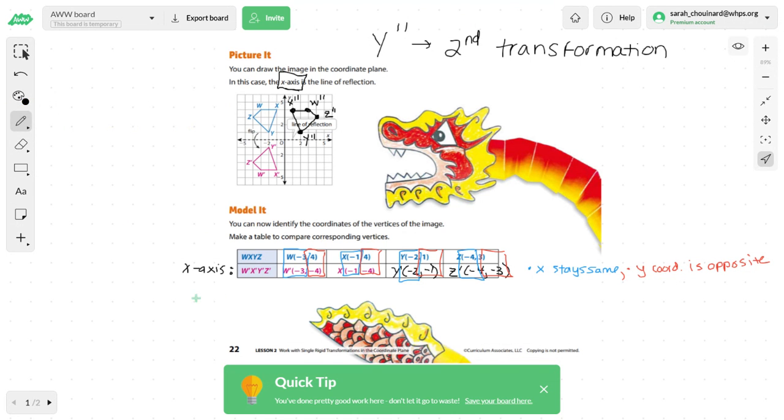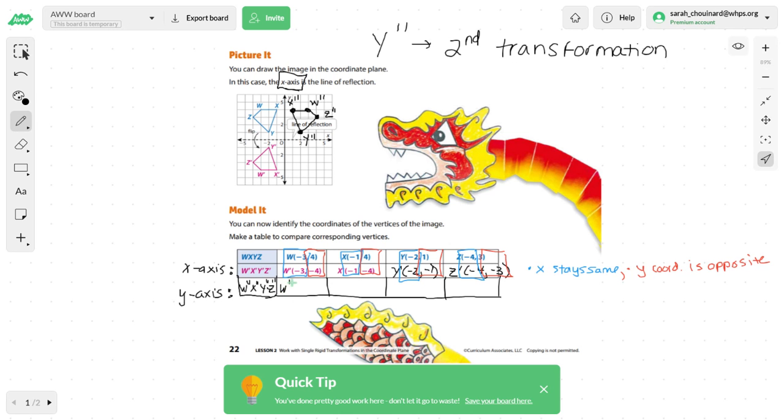Now let's list the coordinates of the y-axis reflection that we did on our own just now. So that was having w double prime, x double prime, y double prime, z double prime, because it was our second transformation. So let's extend this out, and let's compare the coordinates.